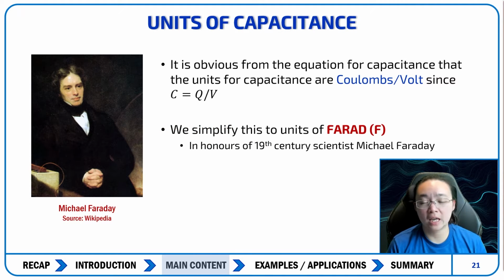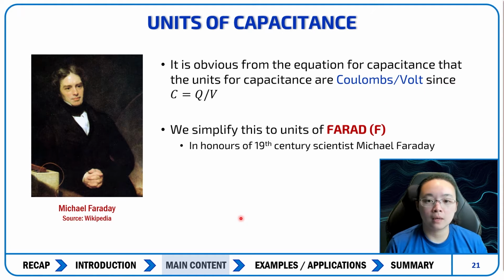But even if we can calculate capacitance, we need to know what units to use. Now, for units, we know that it's Q over V, so it has to be charge or coulombs over potential or volts. So we know that the units for capacitance are coulombs over volts.